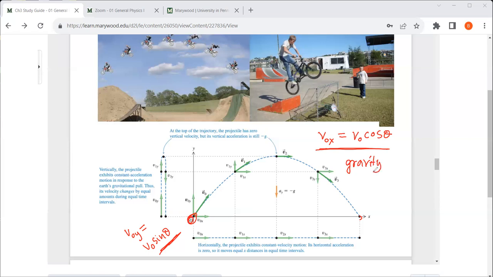And as you know, gravity is always downward.